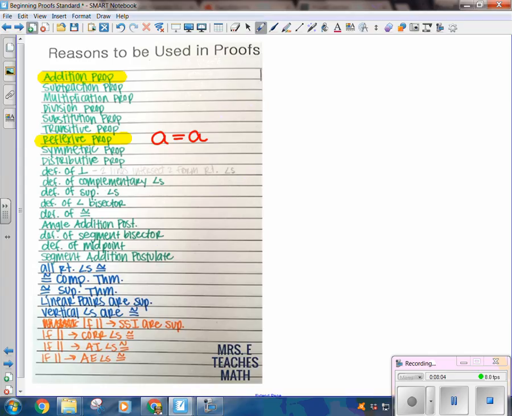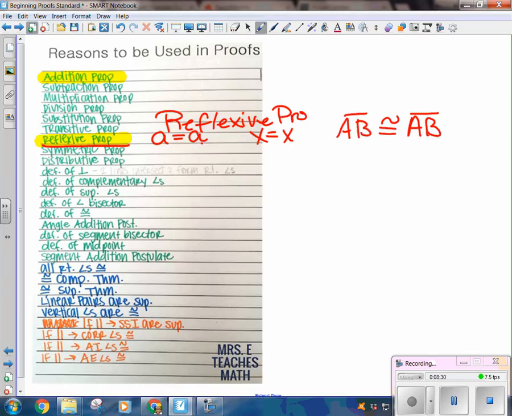The letter A is exactly the same as letter A. The letter X is exactly the same as letter X. Line segment AB, guess what, is congruent to another line segment that also goes from A to B. Anything can be equal or congruent to itself. That is called the reflexive property. Since we have not talked about that before, I want to make sure that you have a chance to understand.